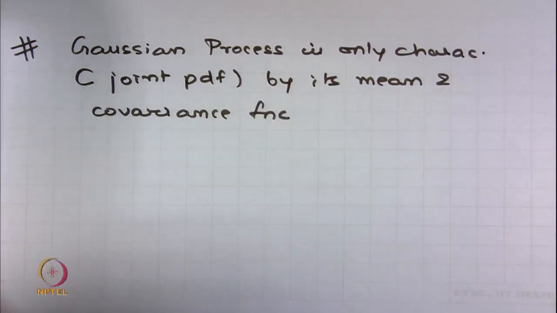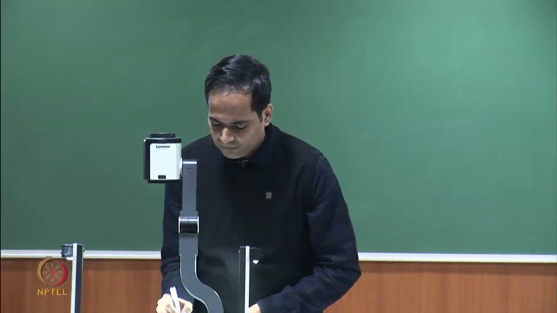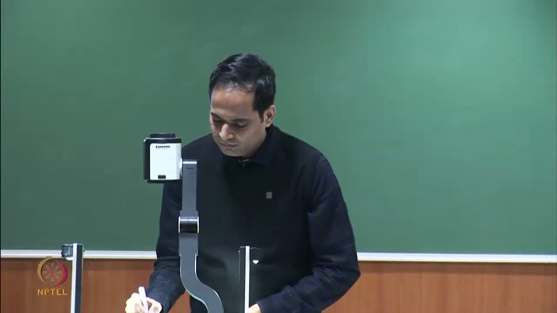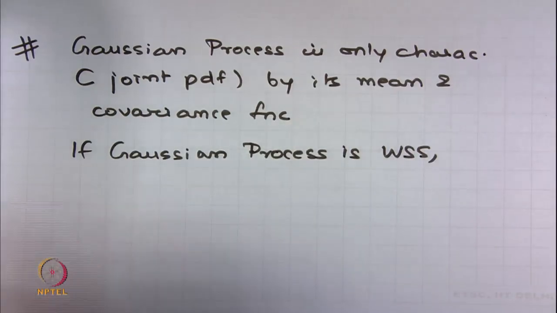Now, if it is characterized by its mean and covariance function, and if the Gaussian process is wide sense stationary, that means its covariance function does not depend upon the absolute values of timing instances. That means this joint PDF also does not depend upon the absolute values of timing instances, because the joint PDF is only a function of mean and covariance, right.